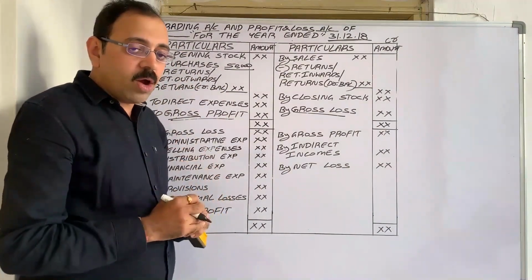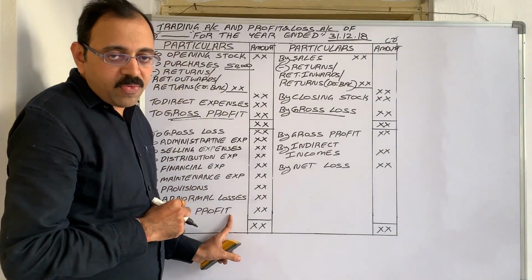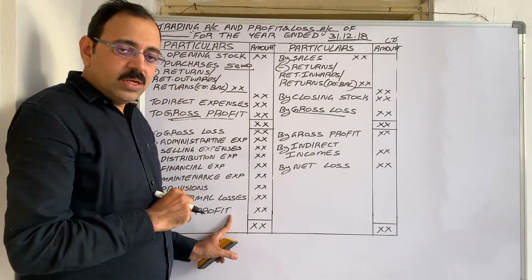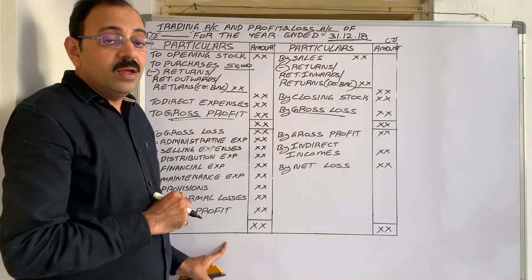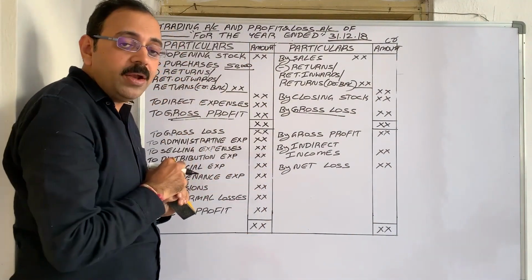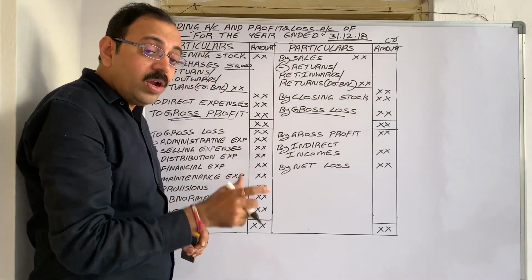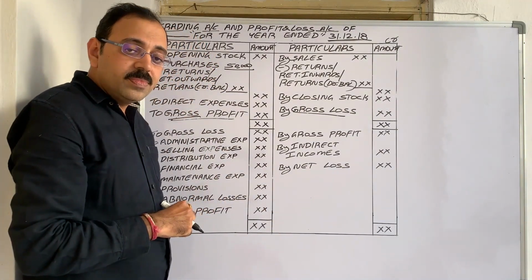So you may get one doubt. When the owner is going to take only the net profit, then why are we calculating profit in two stages? Gross profit and net profit, why are we calculating both? Can't we write all direct and indirect expenses in debit, and direct and indirect incomes in credit, and directly calculate net profit or net loss?